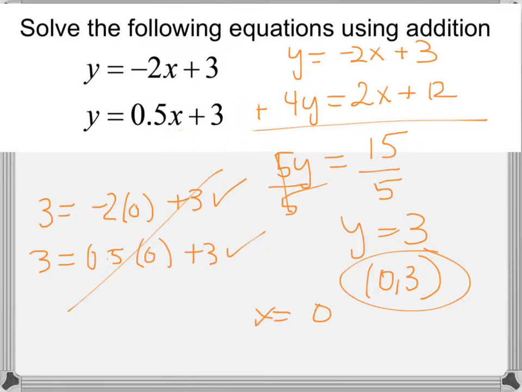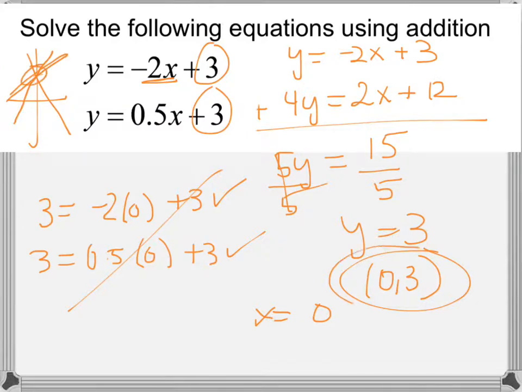It's saying it's meeting at the y-intercept, and they both have the same y-intercept. One has a negative slope, so it's going down at that y-intercept. The other one has a positive slope, actually it's very shallow. But they are both meeting at the y-intercept. So the algebraic operations are consistent with what we would know geometrically.